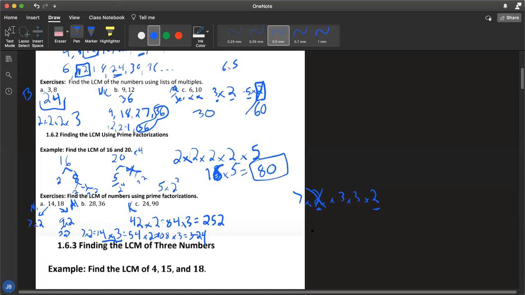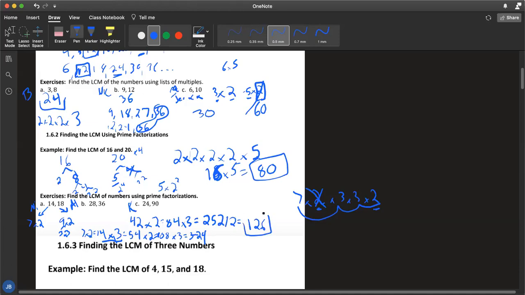Whichever side has the most 2s, or say if both sides had two 3s, we would only use 1. Whichever side has the most. So we can cross 1 out. And then when we multiply these numbers, we'll get half of 252. Which, what did you say it was? 126. 126.